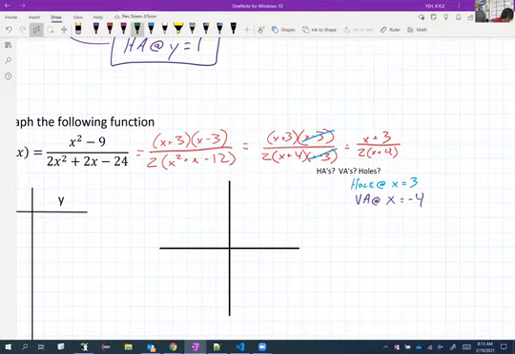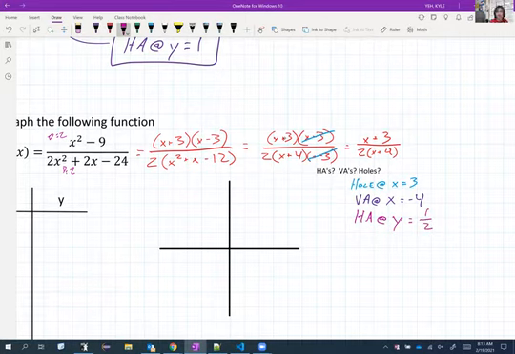We can take a look at my starting function. Degree was 2, degree is 2. So there is going to be a horizontal asymptote right at the ratio of the leading coefficients. We had 1x squared on top, 2x squared on bottom, so y equals 1/2.